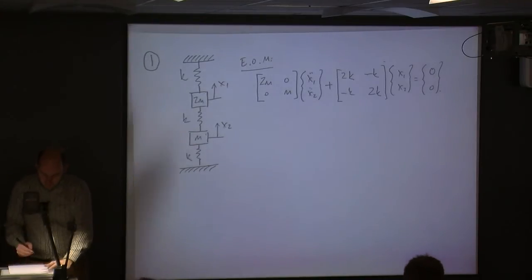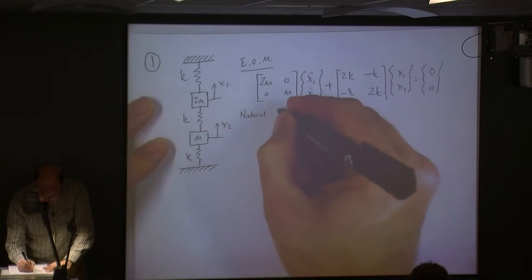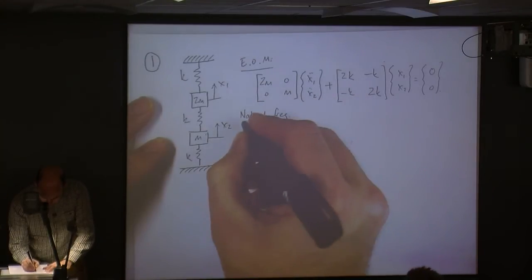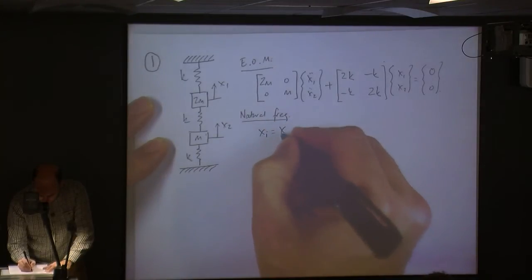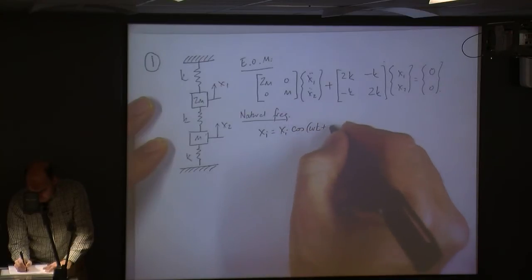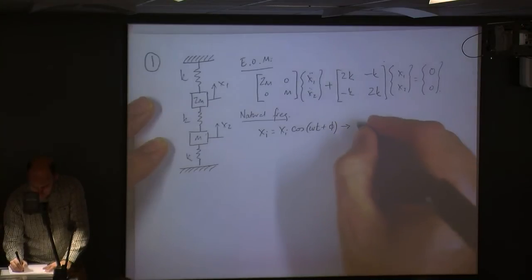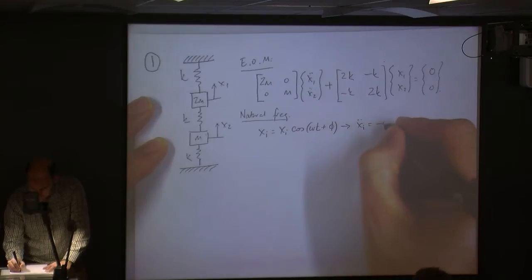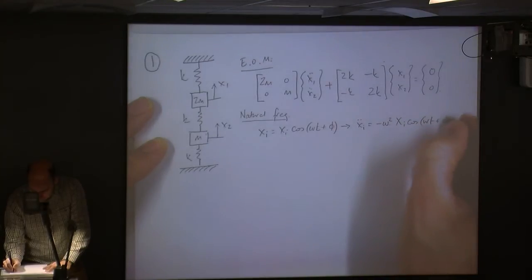Now to find the natural frequencies, we apply the substitution that xi is big Xi cosine of omega t plus phi. And if we take the second derivative of that, xi double dot equals minus omega squared, big Xi cosine omega t plus phi.